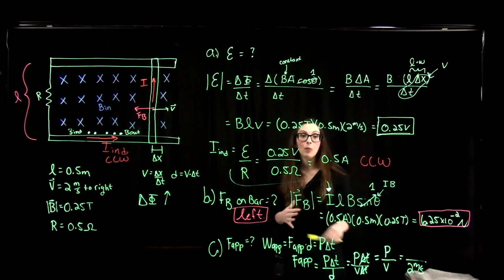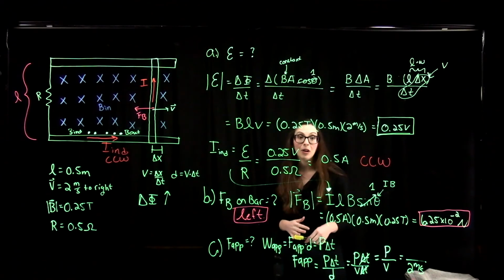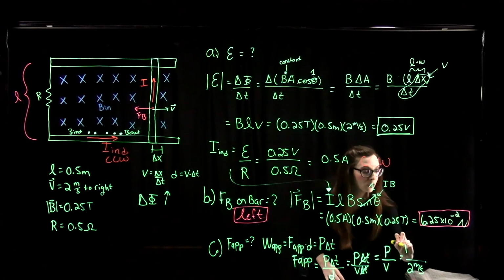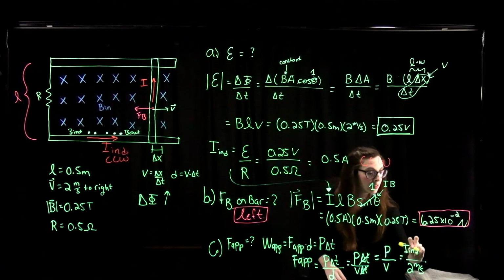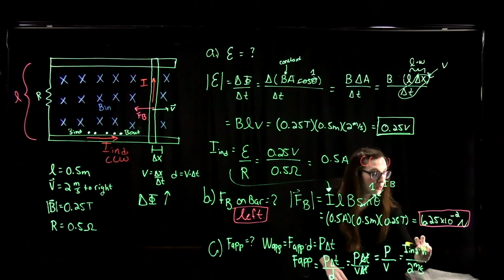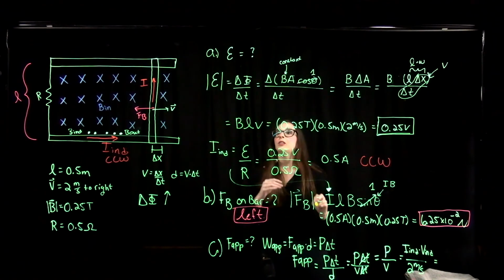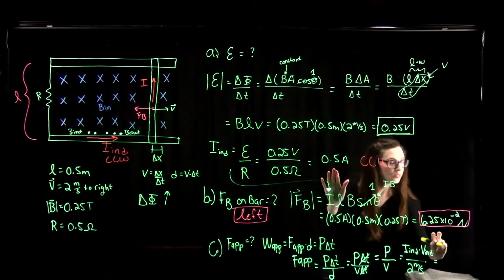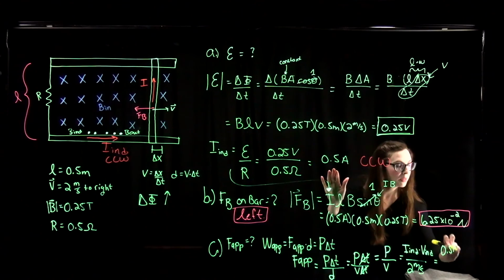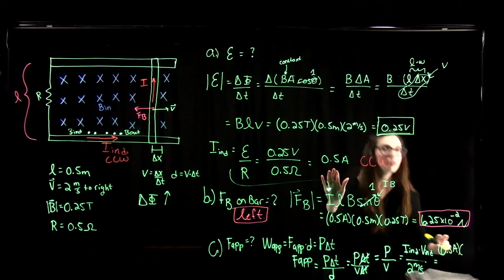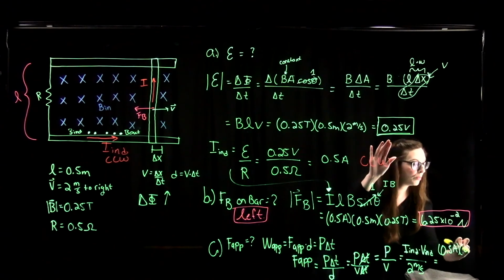Now this power we can equate to the power of the circuit. So the power of our circuit is our induced current times our induced EMF. So our induced current was 0.5 amperes. Our induced EMF was 0.25 volts.